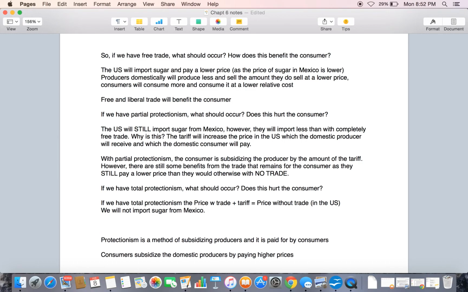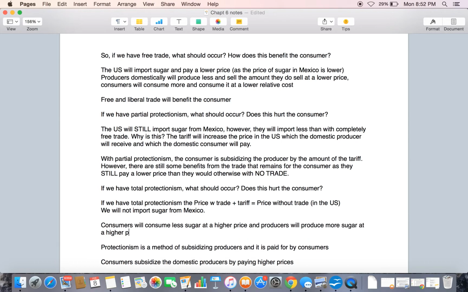When we are not importing sugar from Mexico, this means that consumers will consume less sugar at a higher price, and producers will produce more sugar at a higher price.